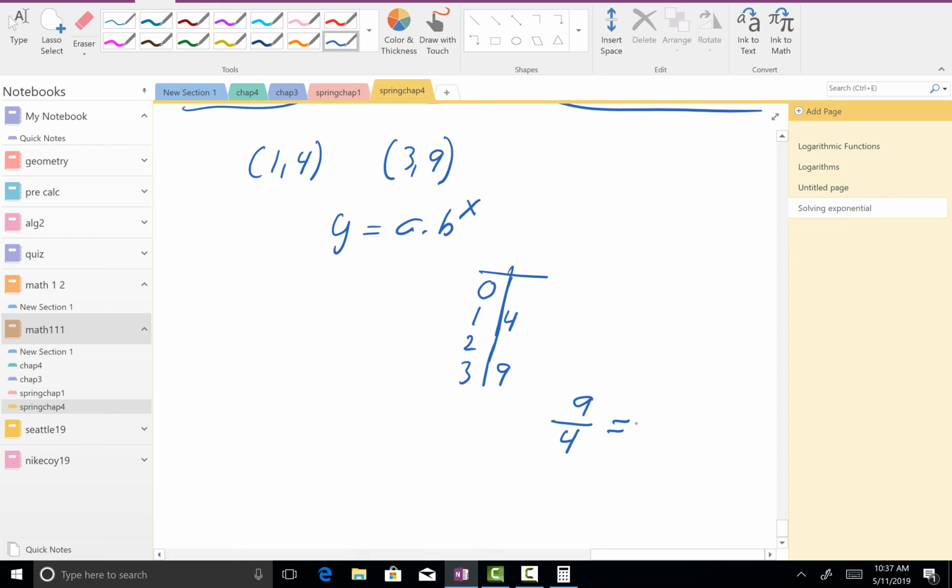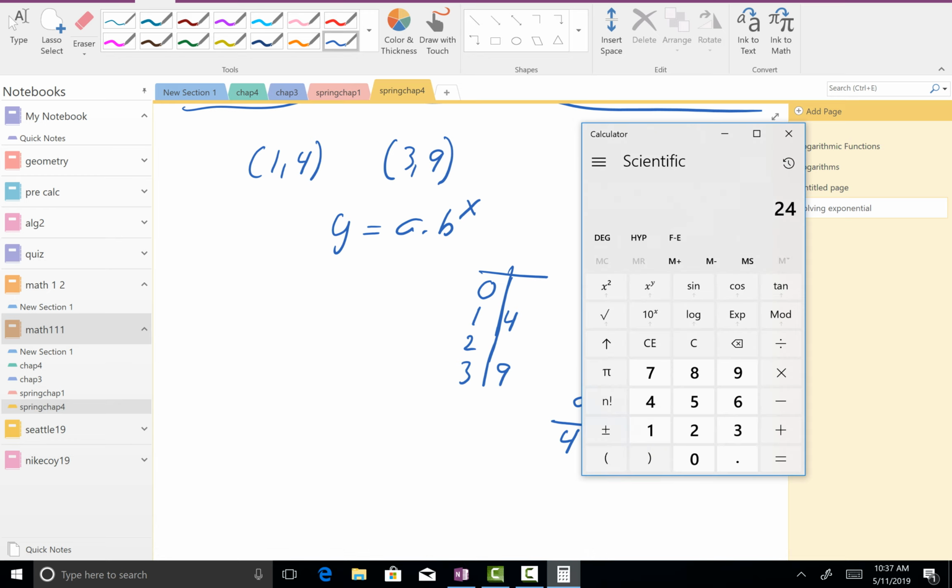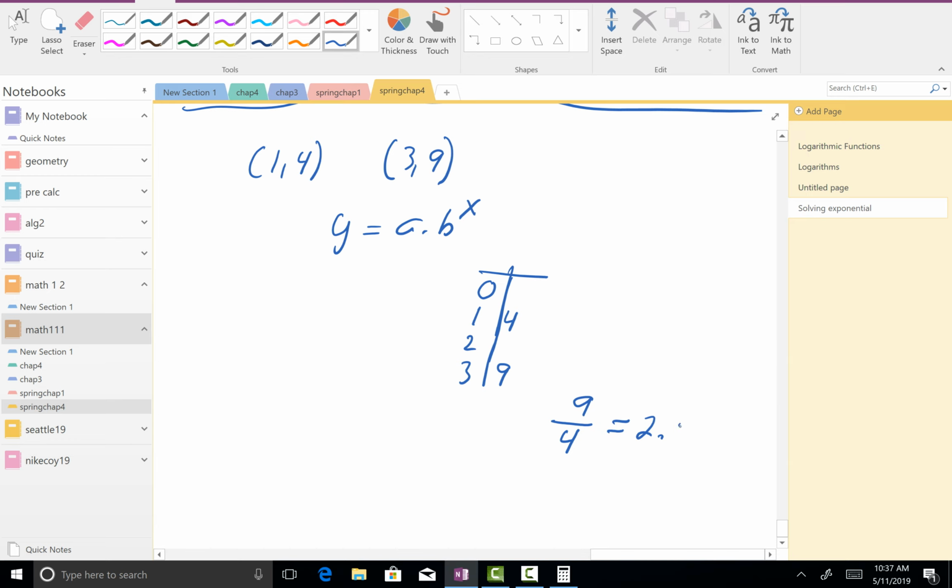So if I take 9 divided by 4, 2.25, okay? So we divide 9 by 4, we get 2.25.